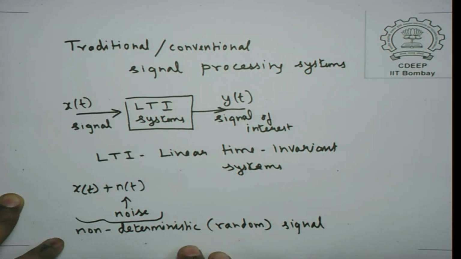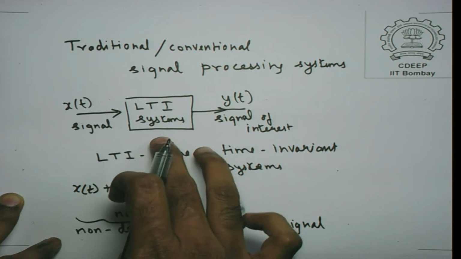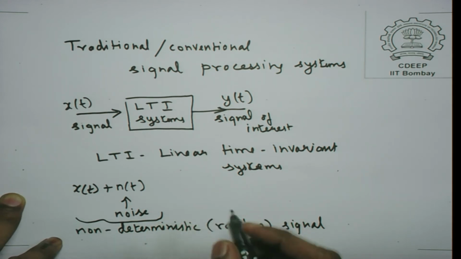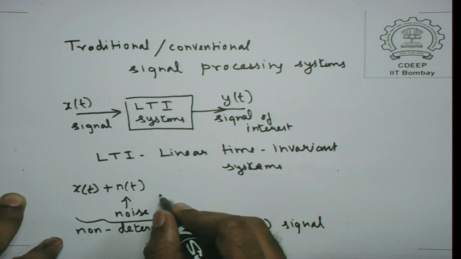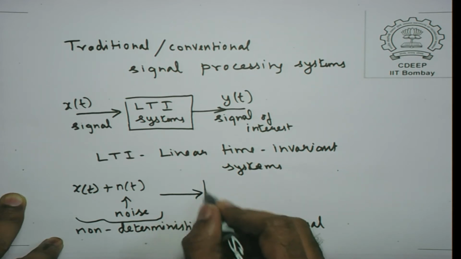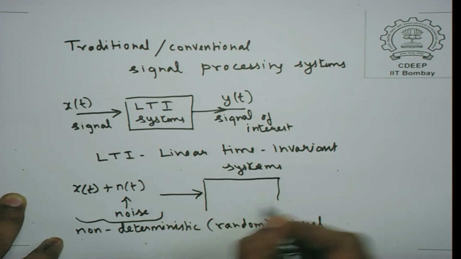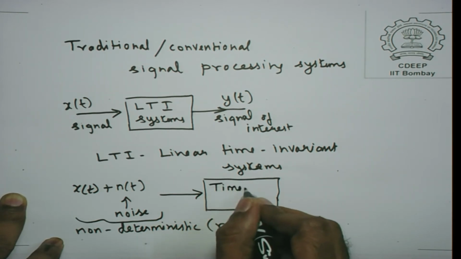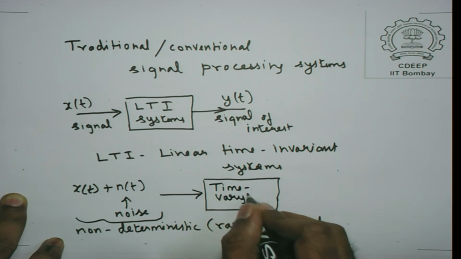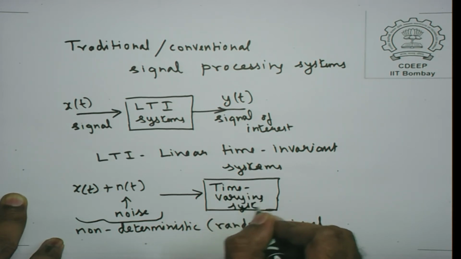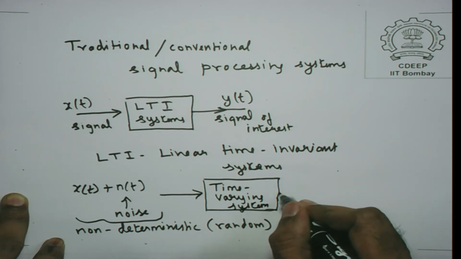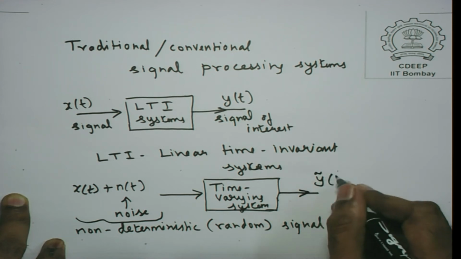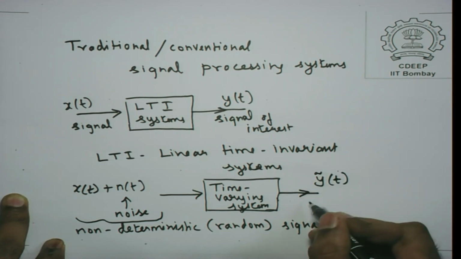This input goes into a system which may still be LTI, or it could even be a time varying system, whose output again may be some desired signal but may not be accurate.